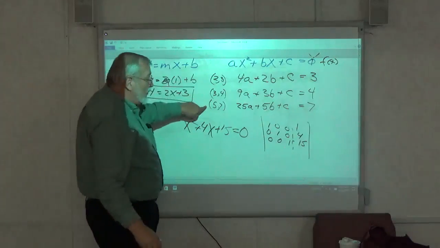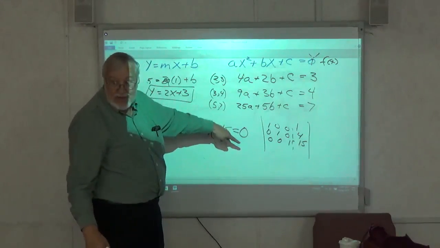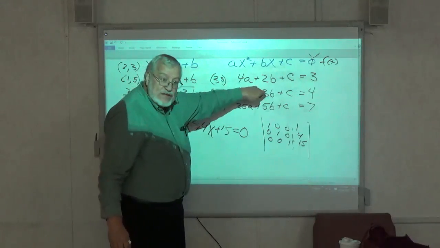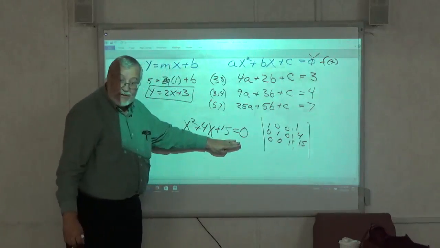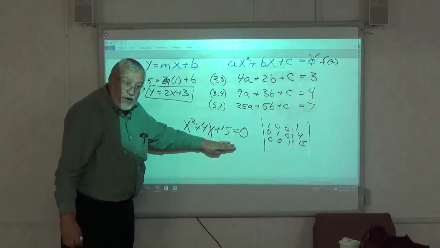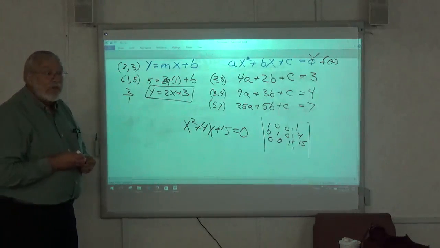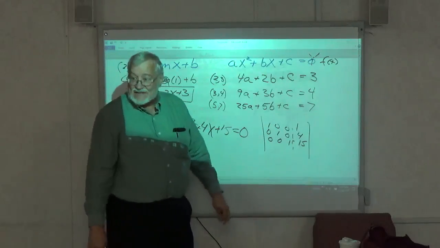If I gave you 3 points, now these two I made up so they may not go together, but given these points, you can now solve this matrix for A, B, and C, and create the equation for the quadratic, just like we had for the linear. That problem is on the test.